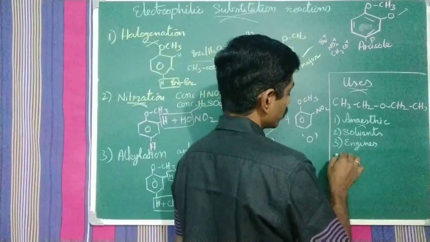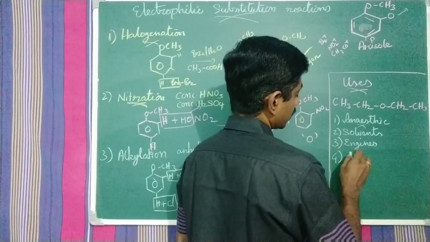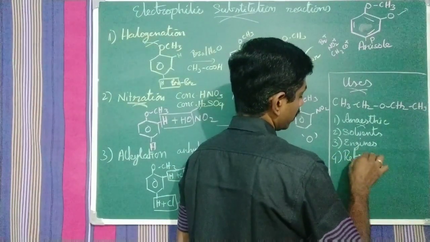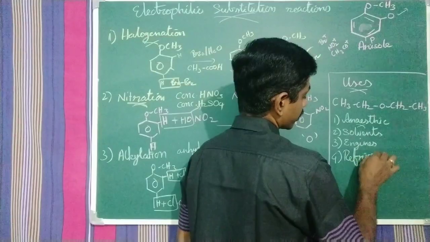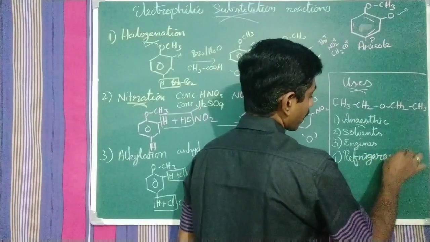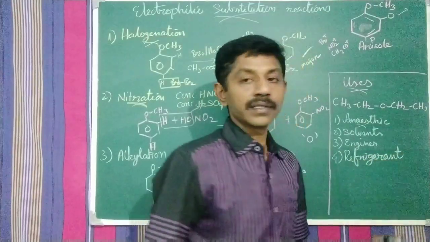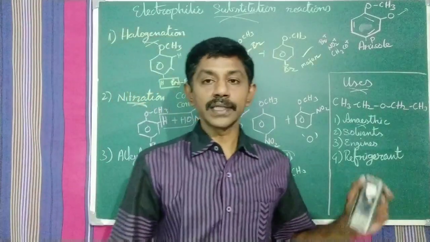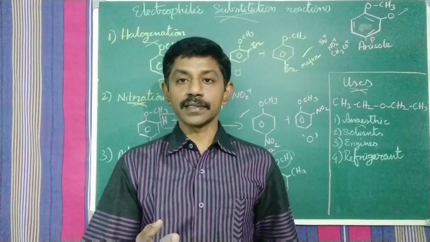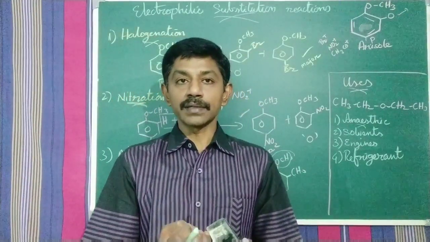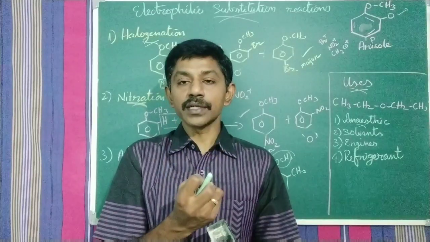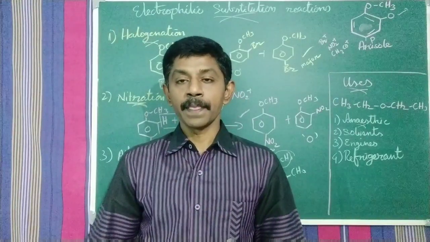Our next use of diethyl ether is in the field of refrigerants. What are refrigerants? We have learnt all these ethers are volatile materials and they easily go from the liquid state by gaining heat energy to the vapor state.